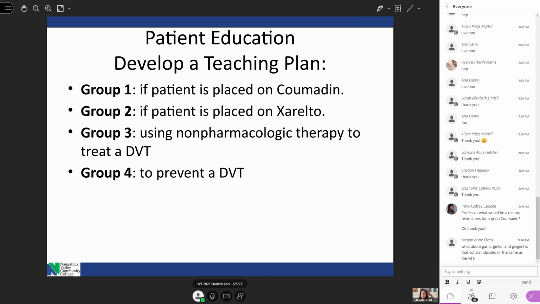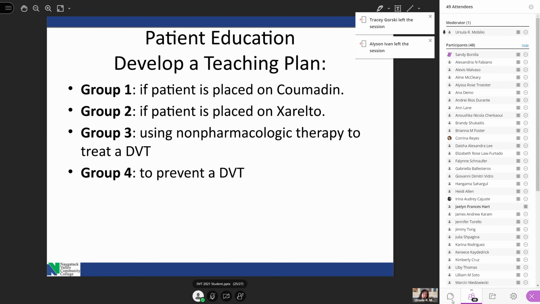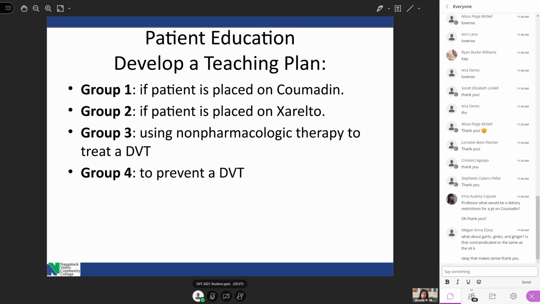You don't want to suddenly change your habit in one week where you're eating garlic and then not, because it can affect it. It definitely can affect it, but the key is to be consistent. Okay, it's not the same as vitamin K. Vitamin K is going to help your blood clot a little bit more, and it's going to lower your INR.